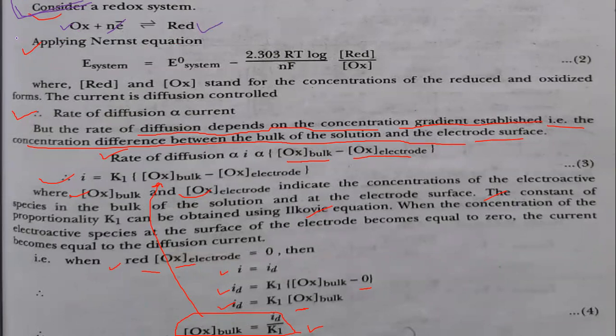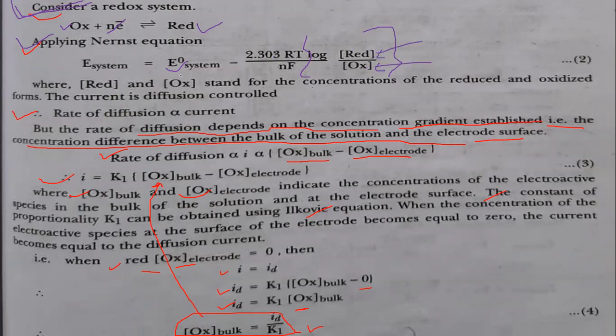If we apply the Nernst law, what happens here? E system is equal to E standard of the system minus 2.303 RT upon nF into log of concentration of reduced form of the species upon concentration of oxidized form of the species.